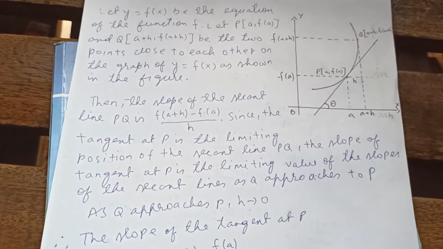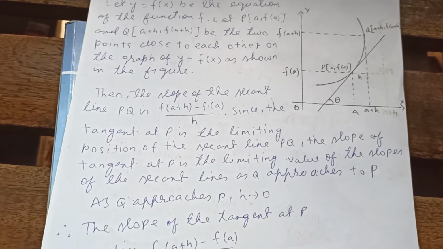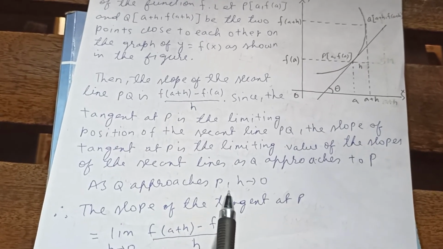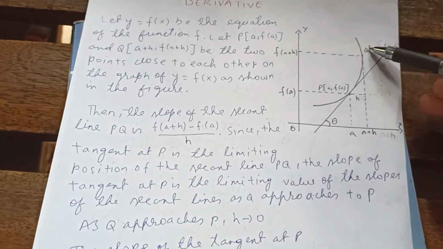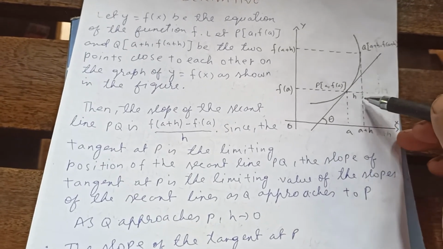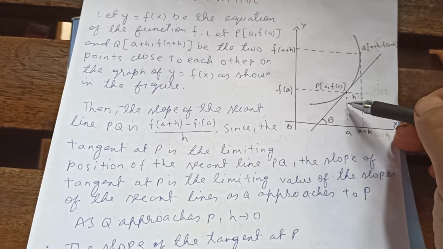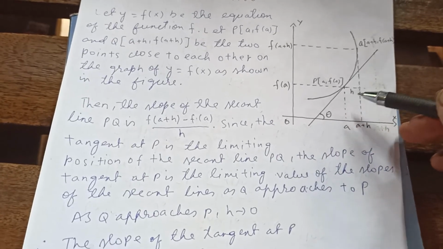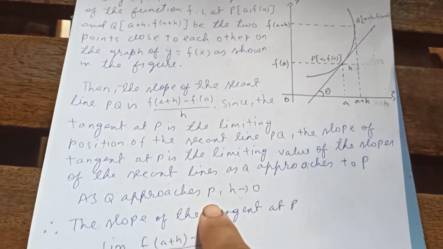Okay, now as Q approaches P, if this Q approaches P, then this h will become smaller, and then at this point it will be 0, meaning h will tend to 0.